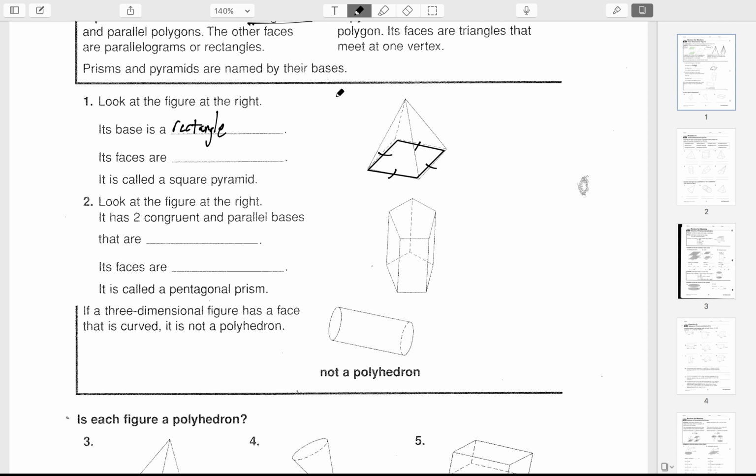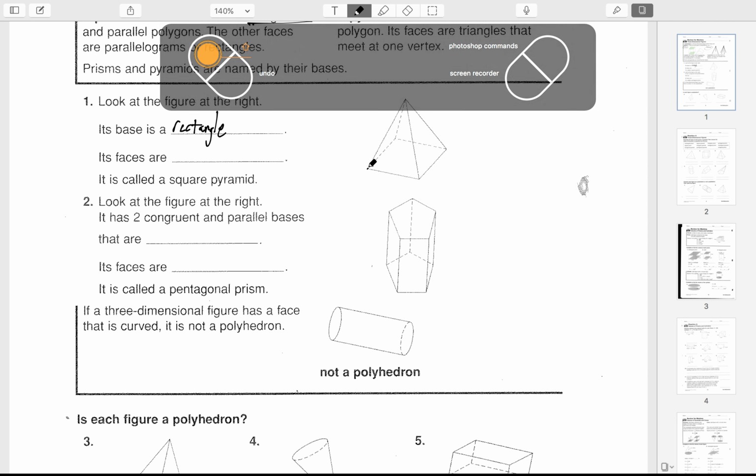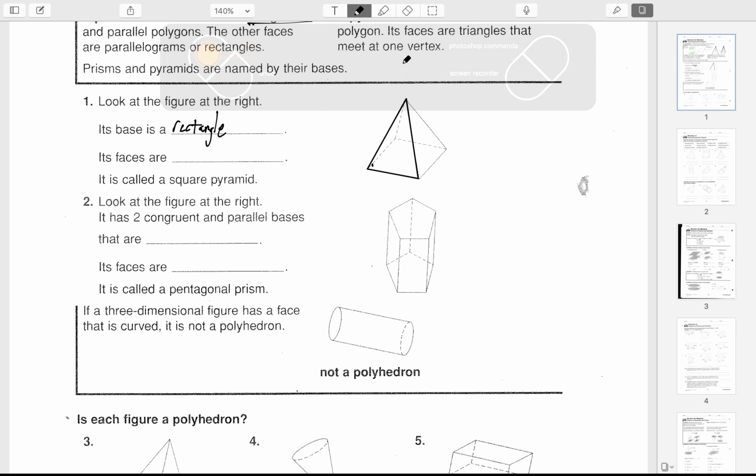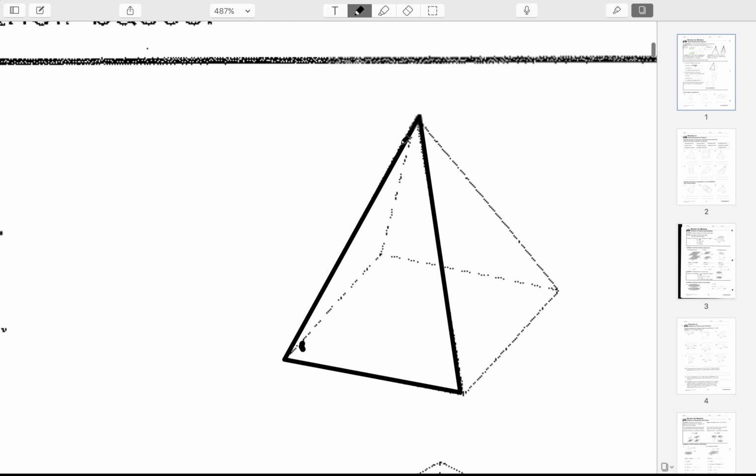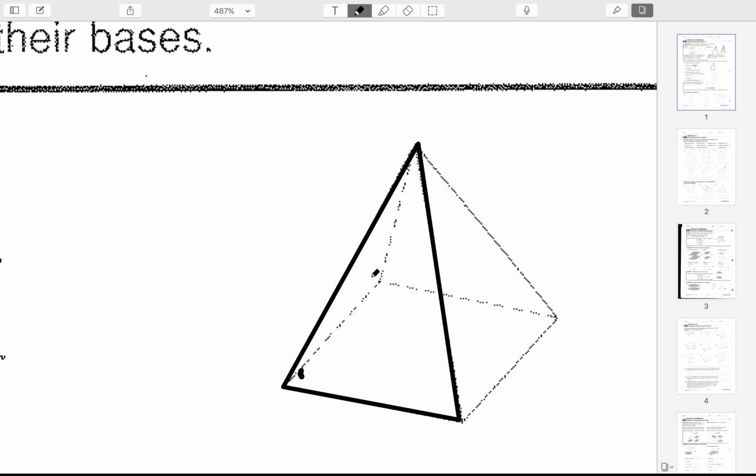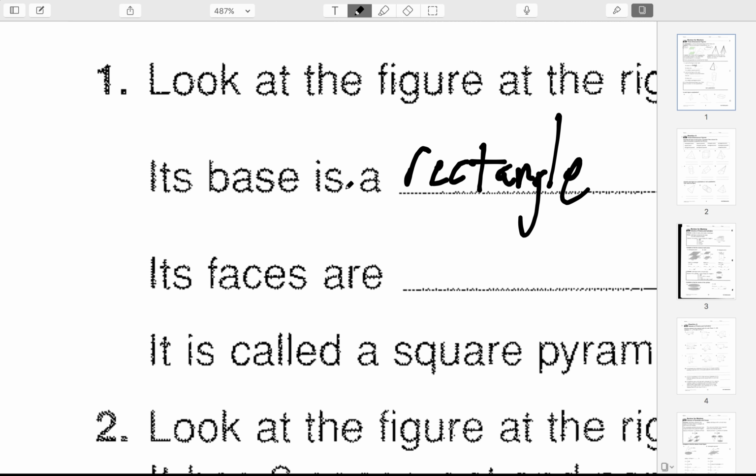Its faces are, now the faces have to do with all of these sides here. So if we look at one of the faces, this would be an example of one of the faces. So this would be a face, and the shape is a triangle. All the faces are triangles.